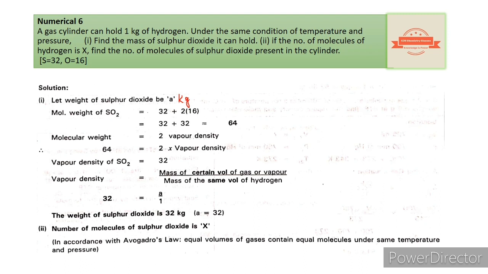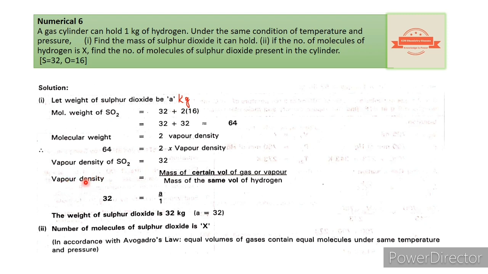Molecular weight of sulfur dioxide is 64. Therefore vapor density of sulfur dioxide is equal to 64 divided by 2, that is 32.